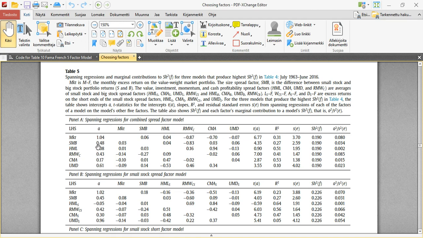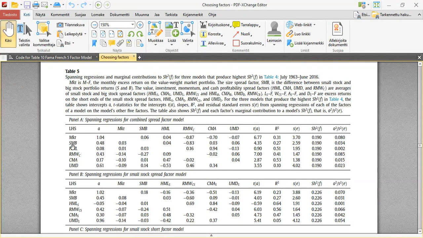So what we see is the intercept term is 0.48% per month. The t-statistic of the intercept term is 4.35, which is highly significant, which means that 0.48% of the size factor here cannot be explained by the remaining 5 risk factors of the 6-factor model.